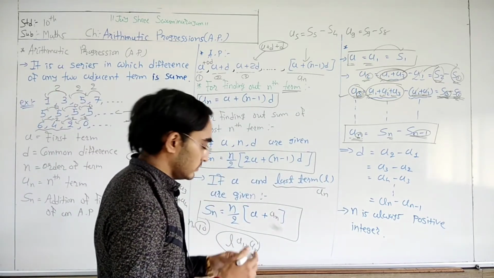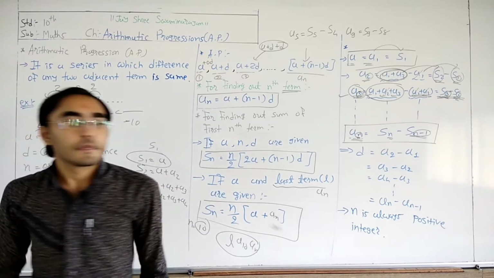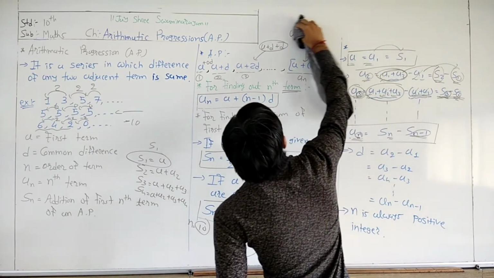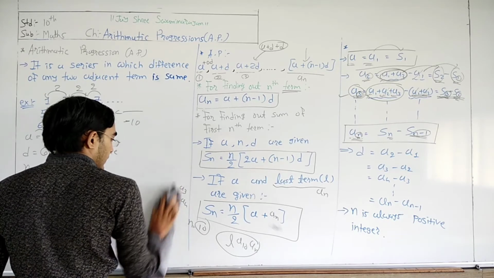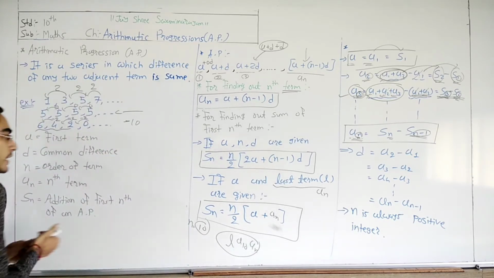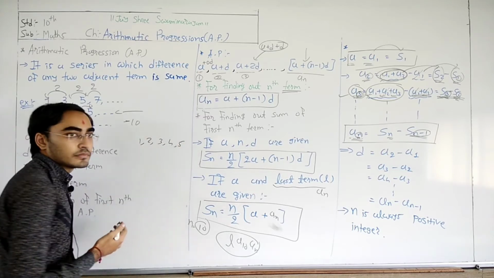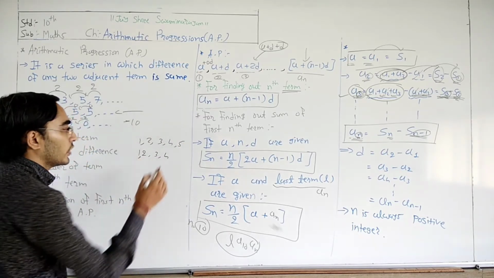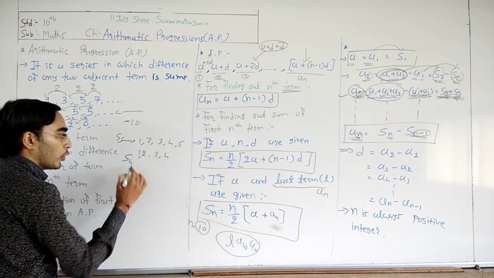We have one more way to understand this formula. If a total of 5 terms are there, and here 4 terms are there, this is called S5 and this is called S4.